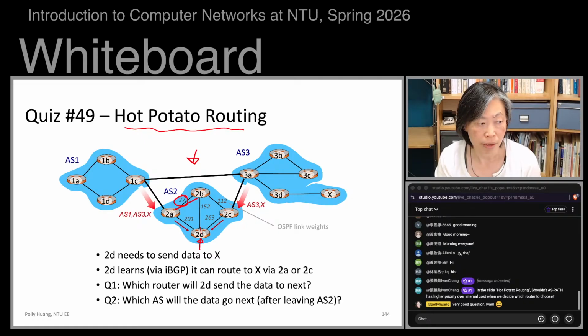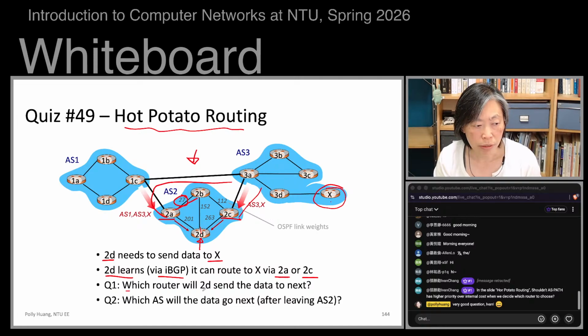So 2D, again, is still sending data to X. And 2D learns through iBGP sessions that there are two routes. One is through 2A, one is through 2C. So one is over here, the other is over here.